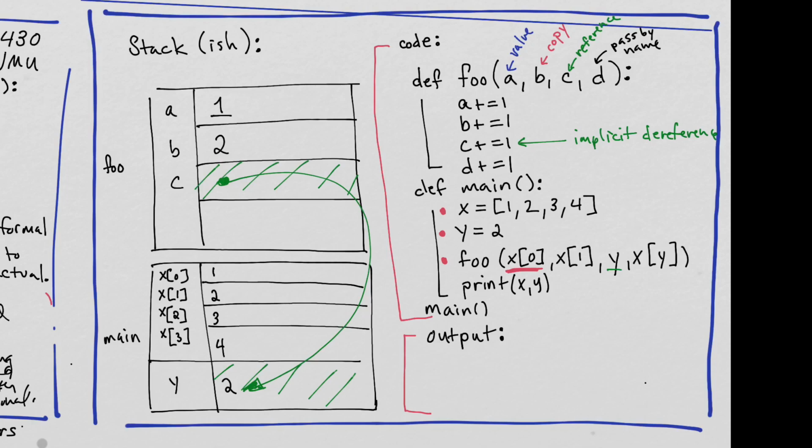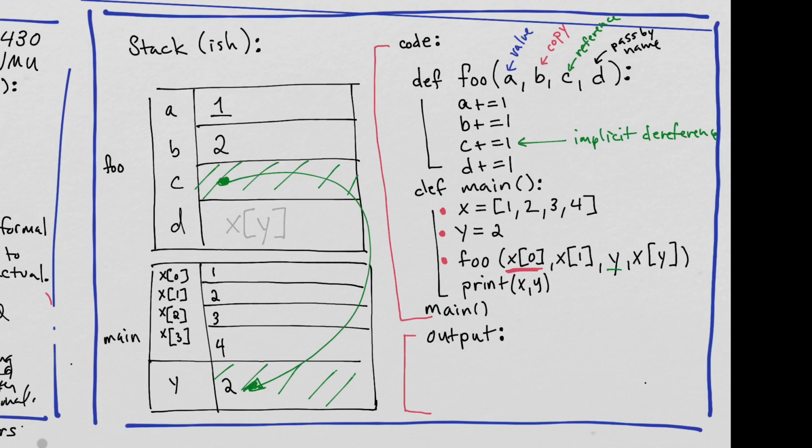And so when I do the C+1 here, we're going to see the value of y increase. And then finally, we have D. Now I don't have a good way of drawing this, and the way that I've decided to do this for pass by name, let me do it in a different color, say some kind of pseudo gray, and we'll put x sub y in, because it really means the code x sub y, so that when I evaluate it, it is going to use the current value of x and the current value of y.